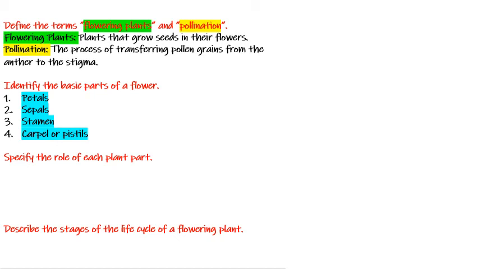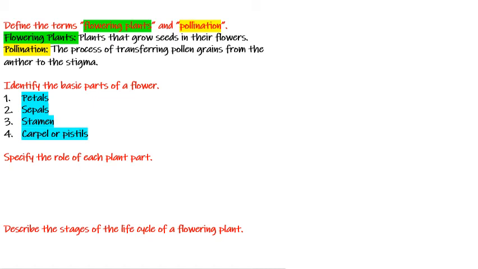What is the job of each of the parts? Let's start with the petals. Petals are colored. They have a beautiful smell to attract animals, attract insects, attract pollinators. What about the sepals, which are the leaf-like structures?